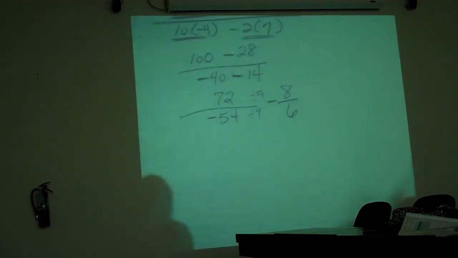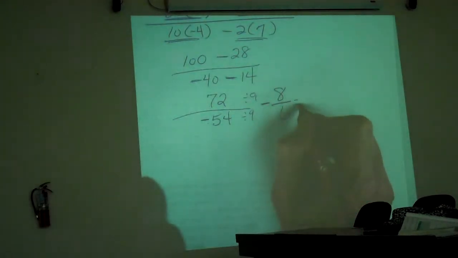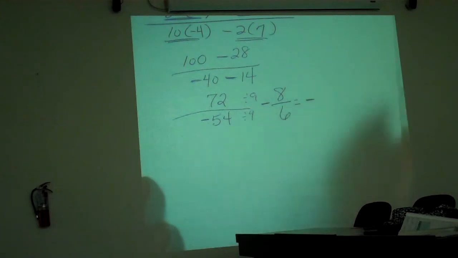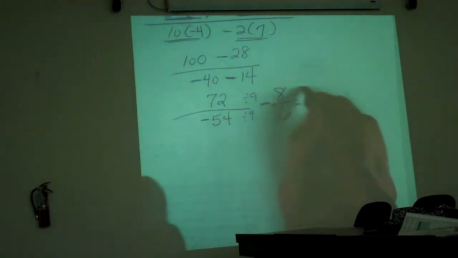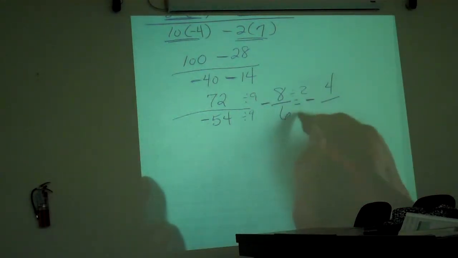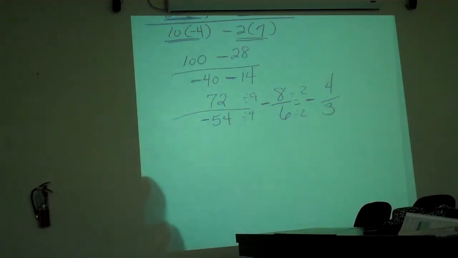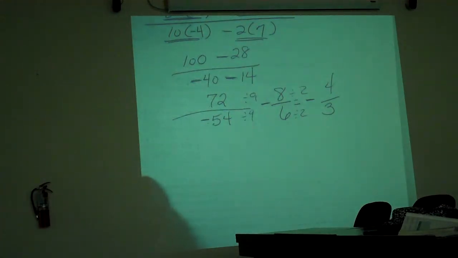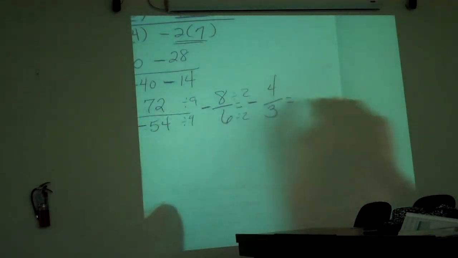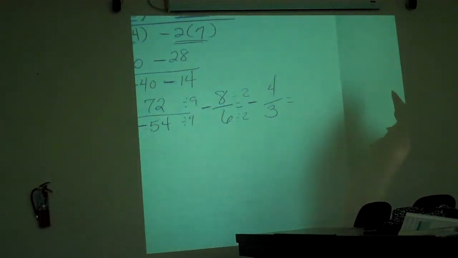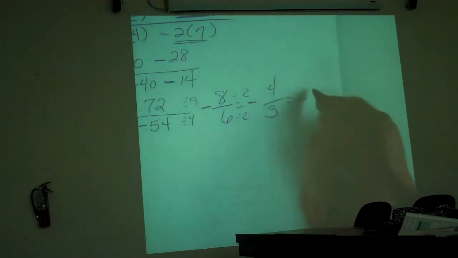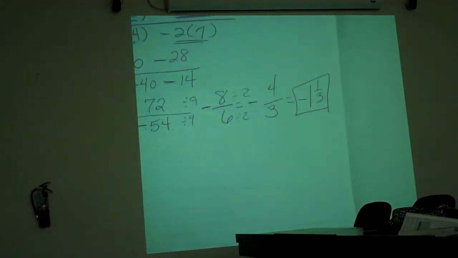Okay, now we can divide by 2. It's still negative. Divide by 2. 4. Divide by 2. 3. And the book actually left it like this, but we should actually go into mixed numbers, shouldn't we? 1 and 1/3. Right. Will it be a negative? Yeah. Keep that negative.